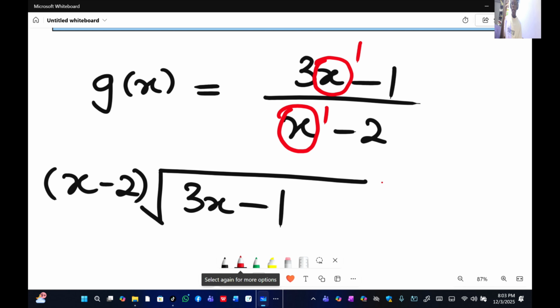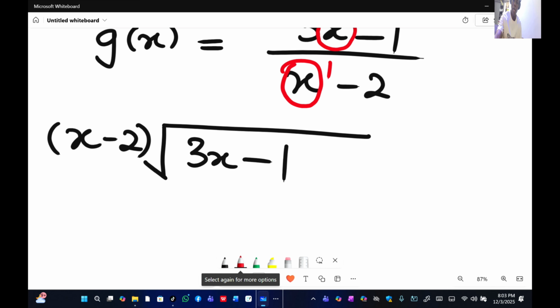But when the numerator has a power less than that of the denominator, it becomes a proper rational function. But looking at this, it is an improper rational function. So that is why we need to divide so that we can get it as a mixed fraction. So you could say we have to express it in the form a plus b divided by x minus 2. So that's what we are coming to do here.